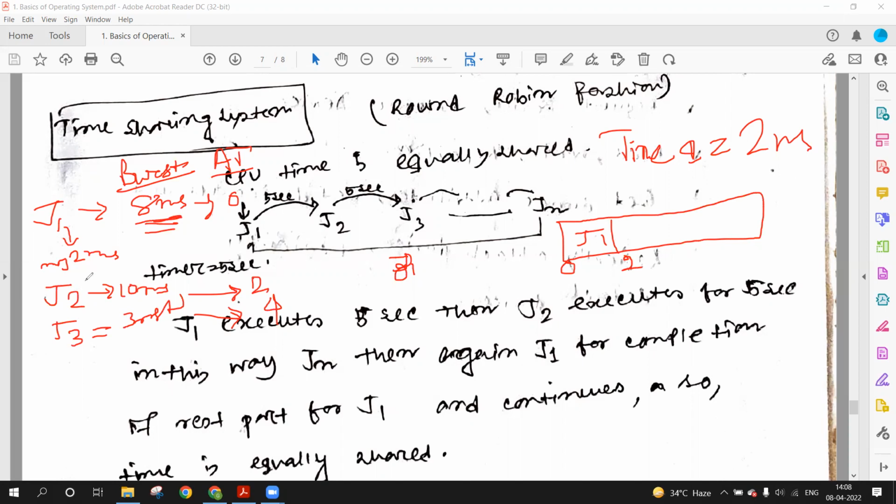At time 2, job 2 arrives, so job 2 runs up to 4, then job 3 runs up to 6, then again job 1 up to 8, then again job 2 up to 10, and so on.